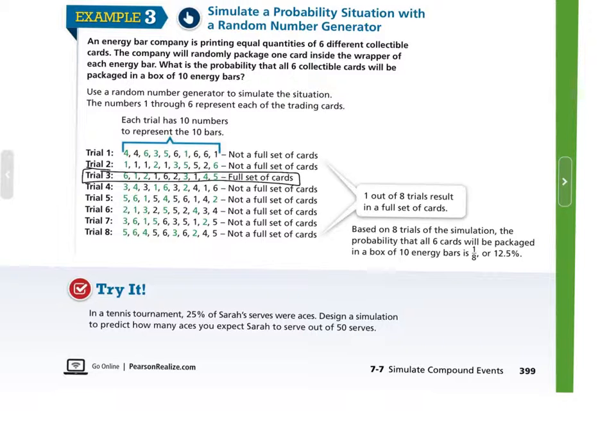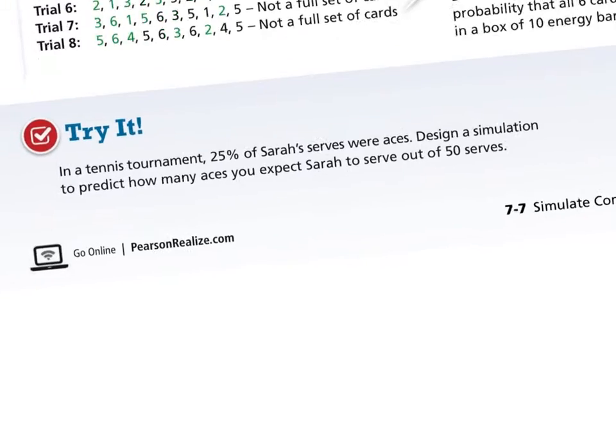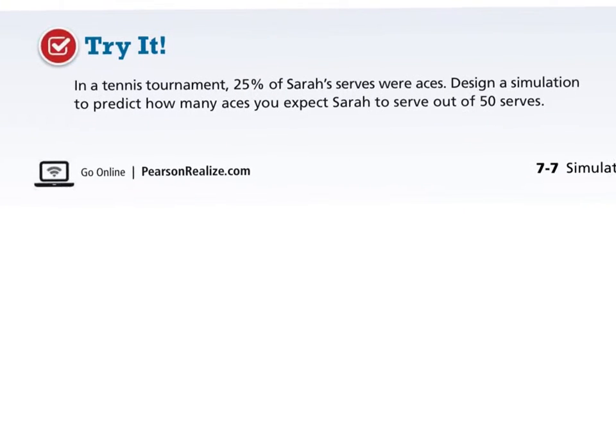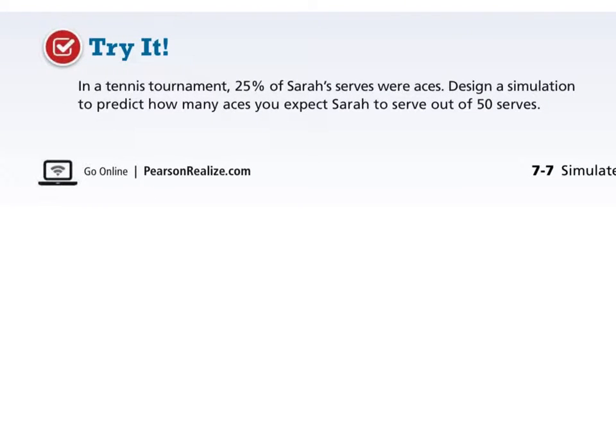So the Try It: in a tennis tournament, 25% of Sarah's serves were aces. Design a simulation to predict how many aces you expect Sarah to serve out of 50 serves. So they're not asking how many she's going to get out of 50. They're just saying they want us to design a simulation.